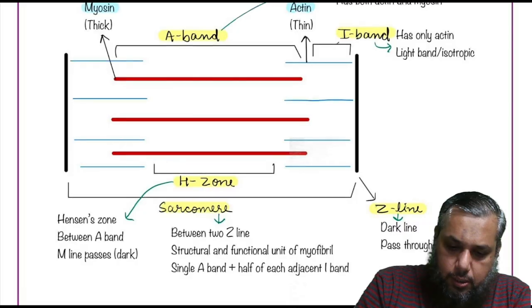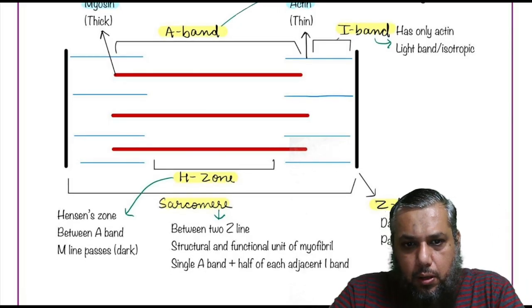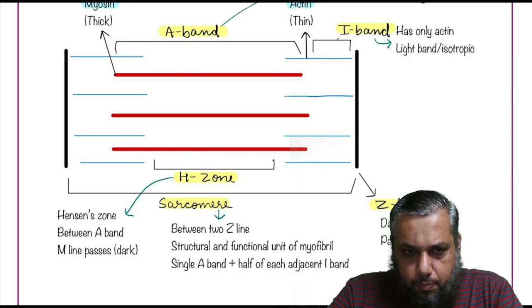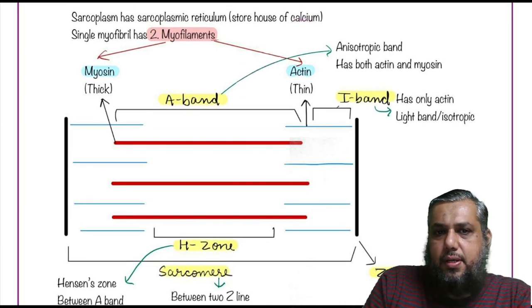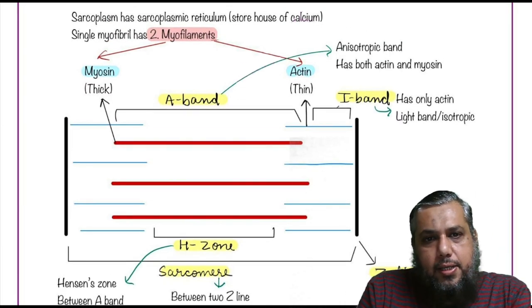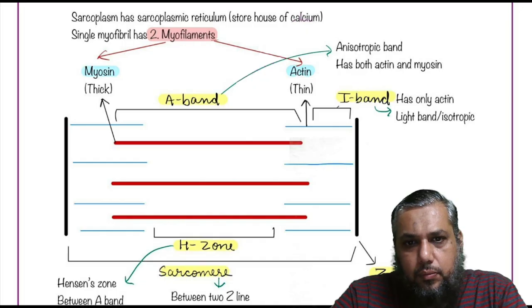If we look at the sarcomere under the microscope, then we'll say that the sarcomere is made up of two types of myofilaments, the thin myofilaments and the thick myofilaments.